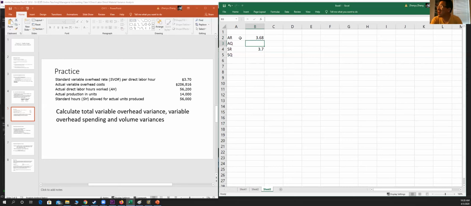Okay, it's slightly lower than planned, which is slightly better at least. And what is the actual quantity again? Actual quantity, we have it already, 56,200. That's hours. And the standard quantity allowed is 56,000. Uh-oh, it seems actual is a little bit higher than standard. So let's do some analysis.